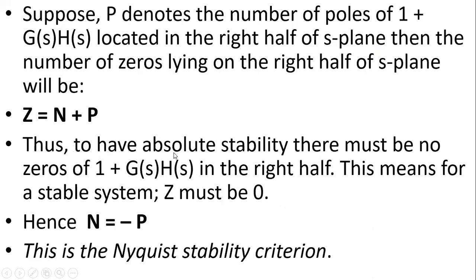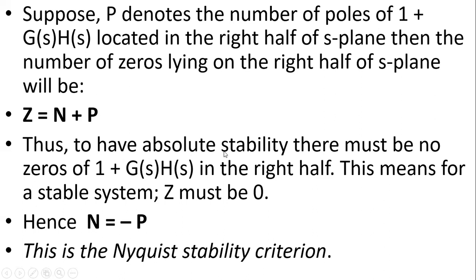So finally we get, if P denotes the number of poles of 1 plus g of s into h of s located in the right half of the S-plane, then the number of zeros lying on the right half of S-plane will be Z is equal to N plus P, where N is the encirclements and P is the number of poles.